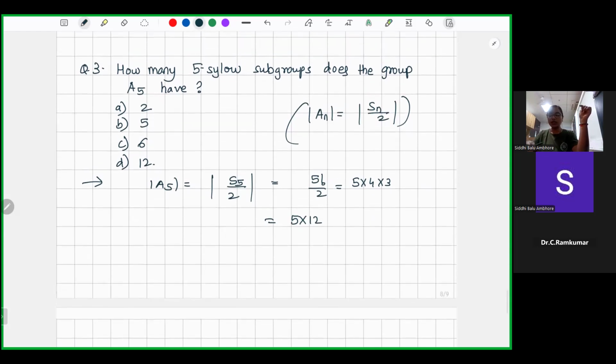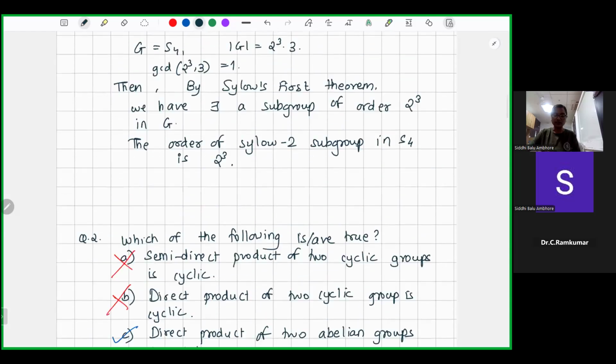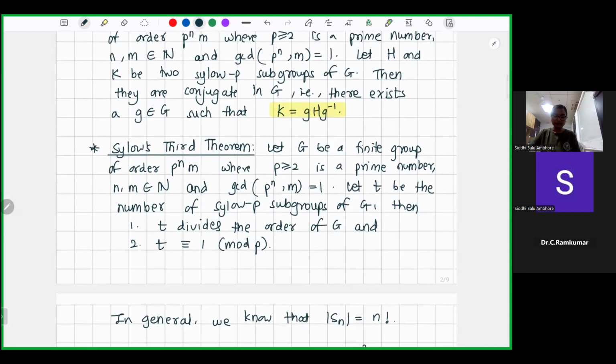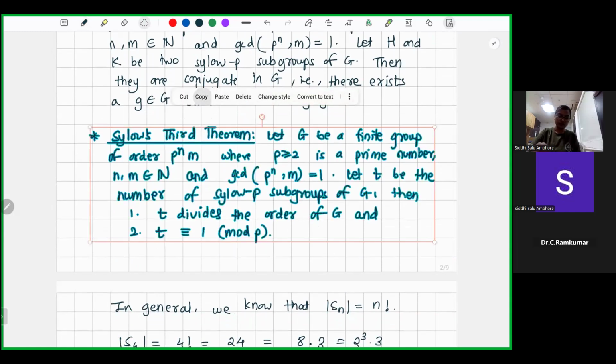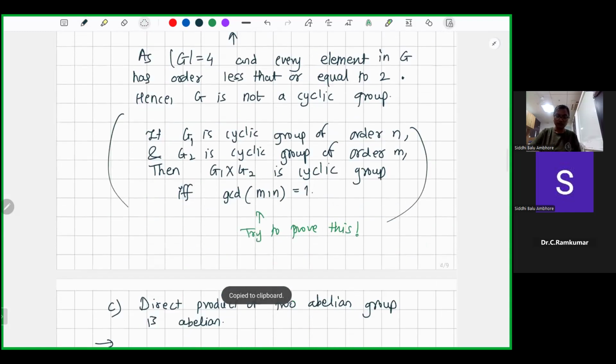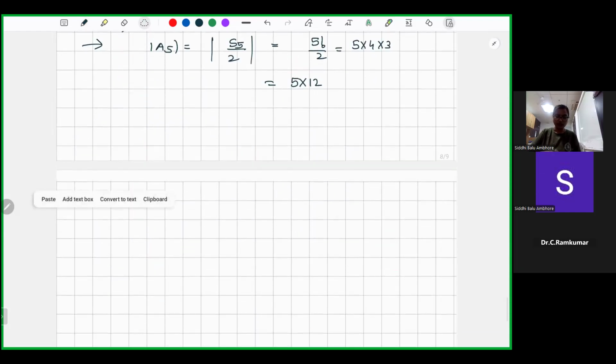But now we are asked how many Sylow 5 subgroups there are in A5. We have Sylow's third theorem, which gives us information about this, so let me copy paste it here.